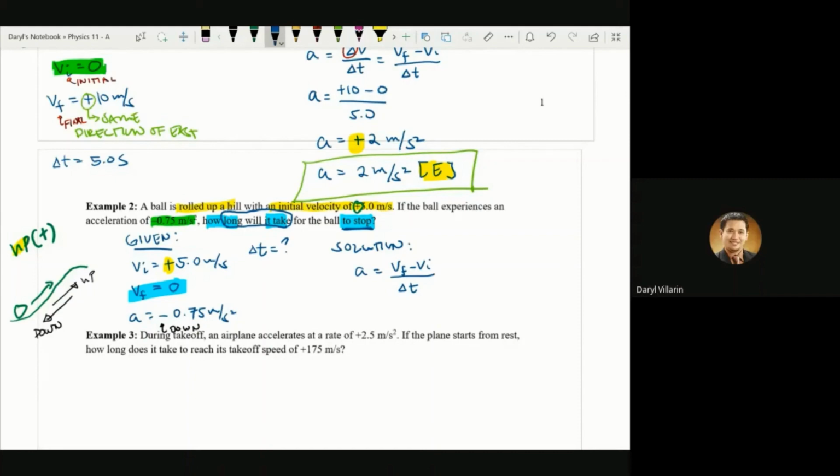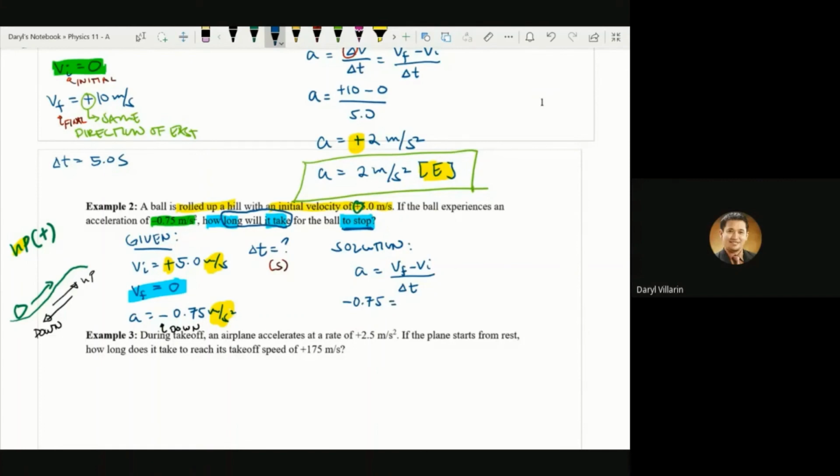So if I'm going to do that, that means that I'm just going to replace my a with negative 0.75. And I notice velocity is in meters per second, and this is in meters per second squared. So for delta t, I should expect that the answer is already in seconds. So therefore, I can get away with not necessarily placing all the units here. Because sometimes that confuses you, with a lot of letters as well as the numbers.